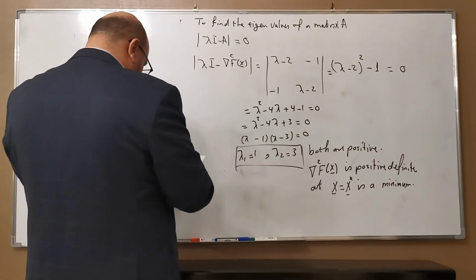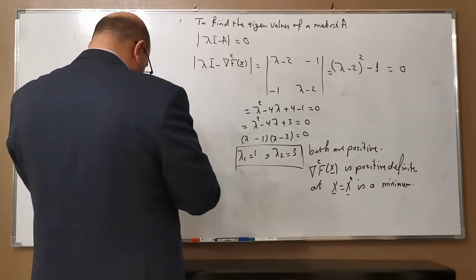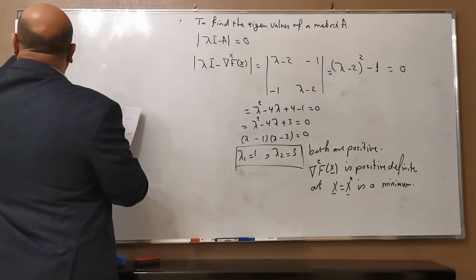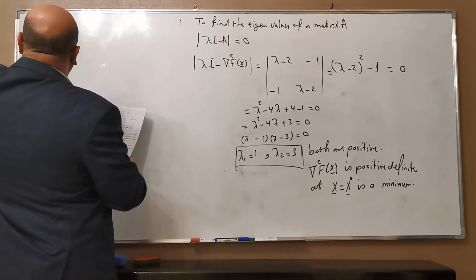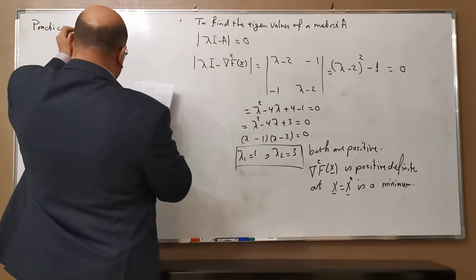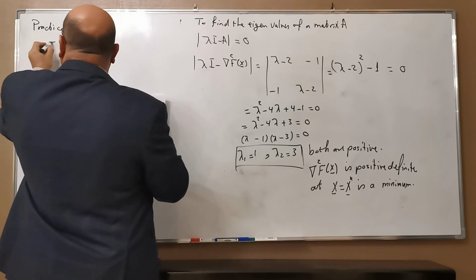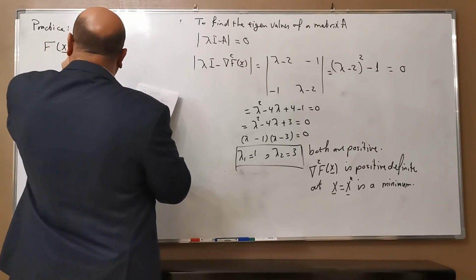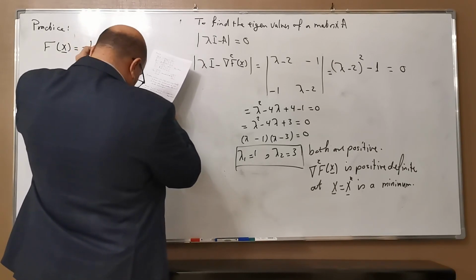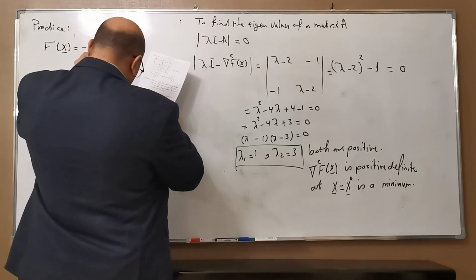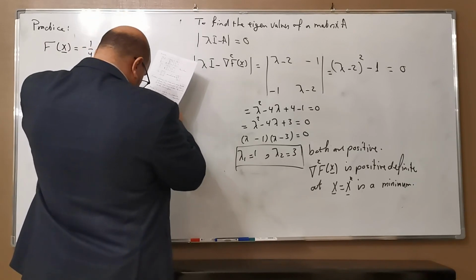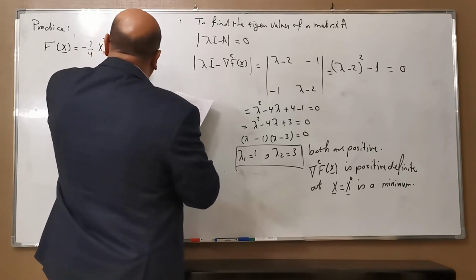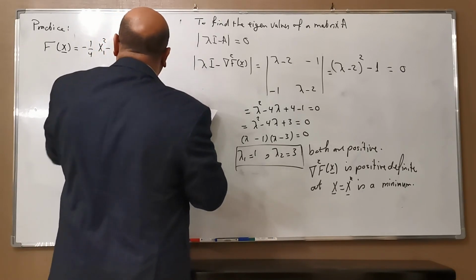Okay. As a practice, you have f of x equals minus 1/4 x1 squared minus 3/2 x1 x2 minus 1/4 x2 squared.